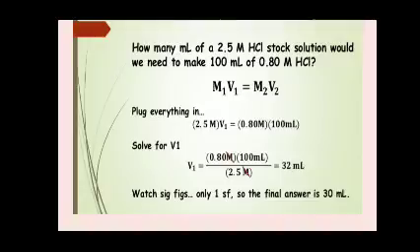Therefore, V1 is equal to 0.80 M into 100 mL by 2.5 M. Molarity cancels, that is equal to 32 mL. 32 mL of 2.5 M HCl dissolved in 100 mL of solution will form a 0.8 M solution.